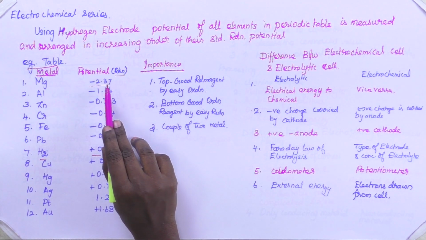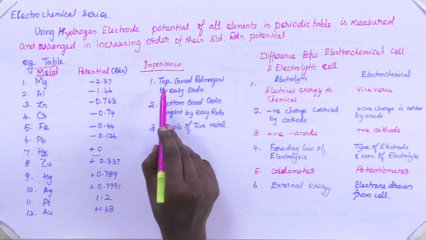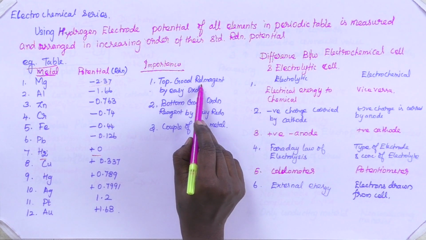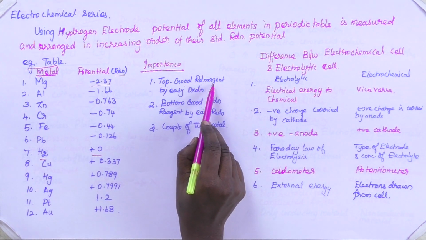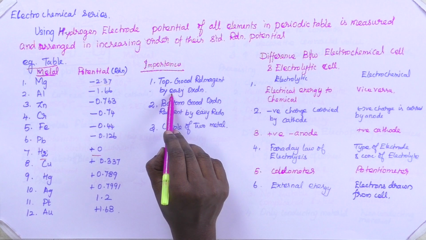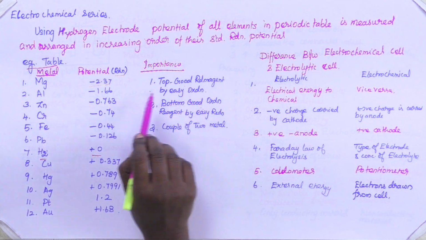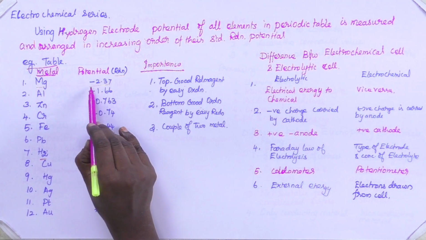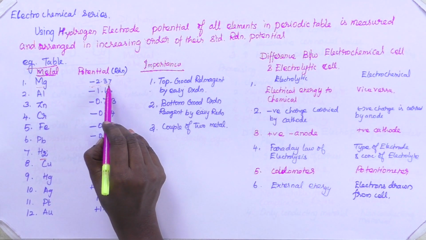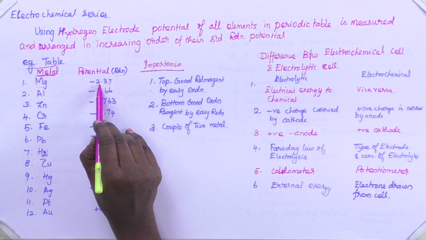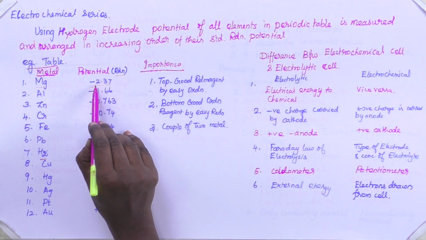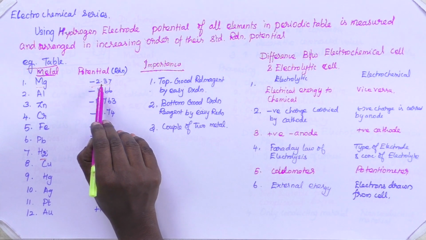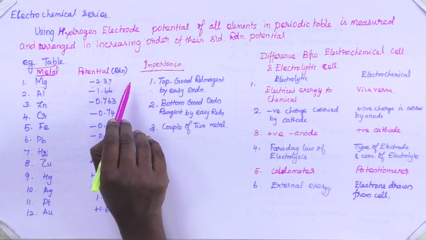It is good for the oxidation process; the top metal can act as a good reducing agent because of easy oxidation. For example, magnesium has a reduction potential of minus 2.37, which is highly negative, meaning it favors oxidation and can act as a good reducing agent.